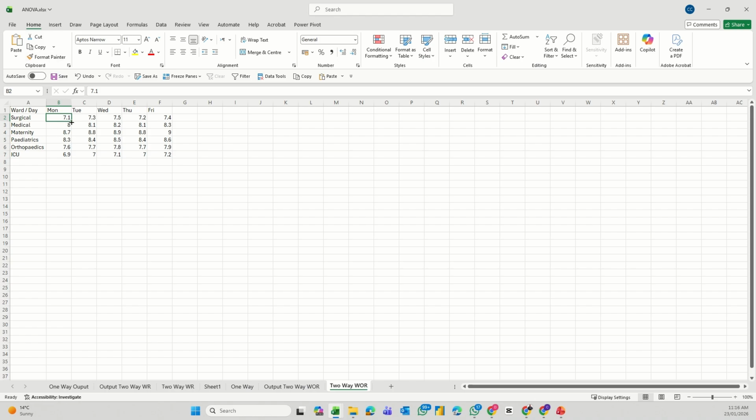Oh, okay, satisfactory level. Sorry, it's the satisfactory level by ward and day. So on Monday, this is the satisfactory level of people that performed the activities in the surgical ward. This is the satisfactory level of people that did something in the medical ward on Monday.